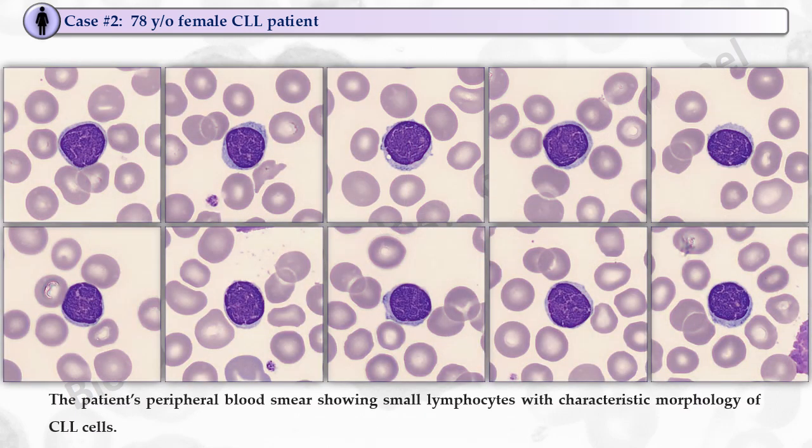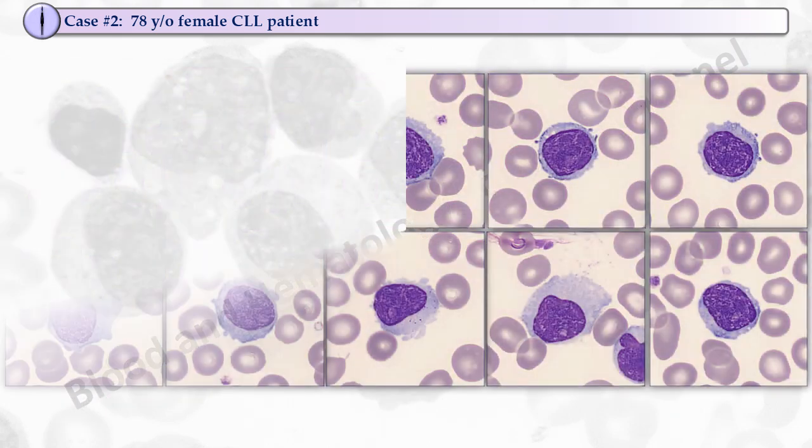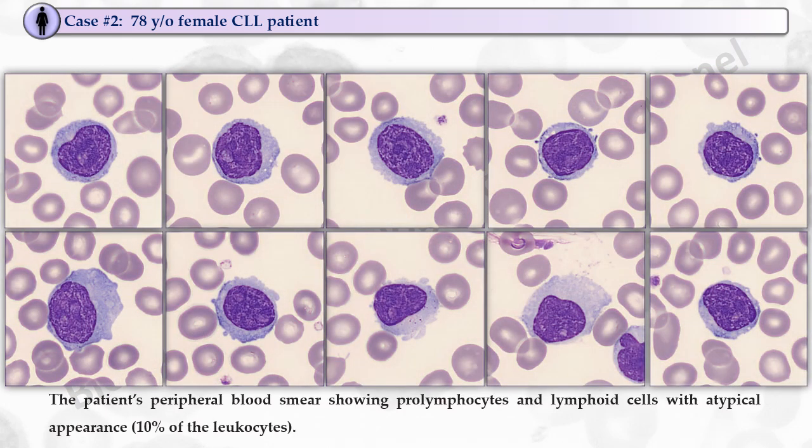The patient's peripheral blood smear shows small lymphocytes with characteristic morphology of CLL cells, as well as prolymphocytes and lymphoid cells with atypical appearance.